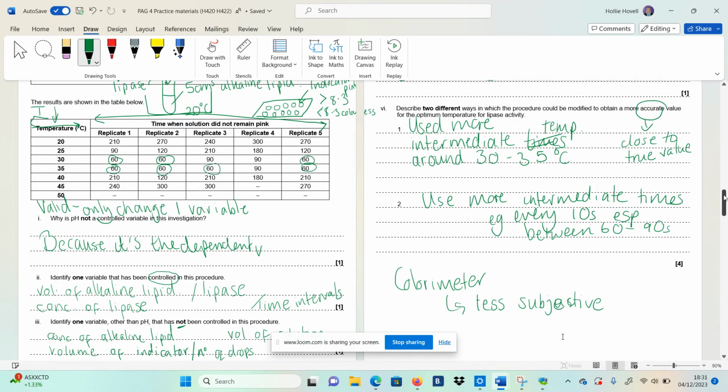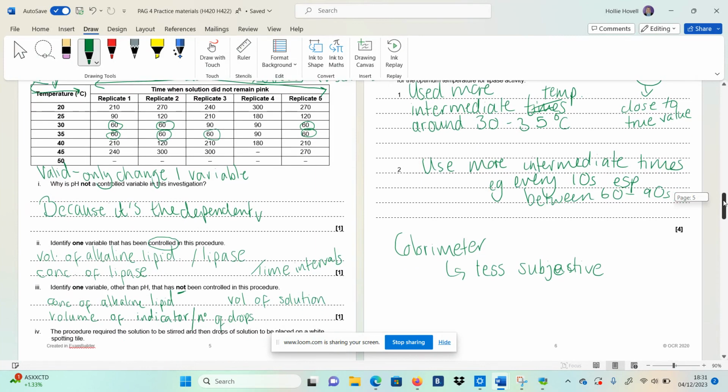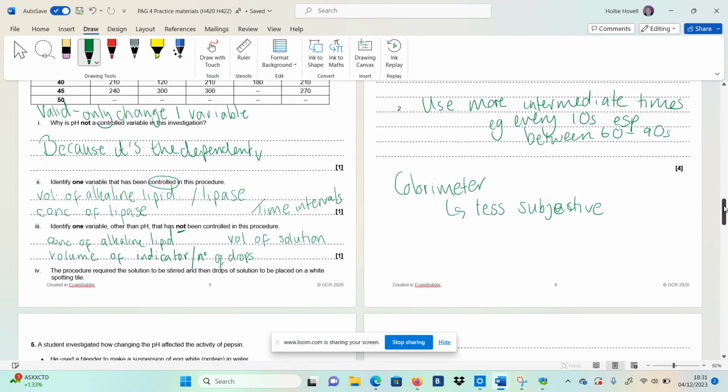Using the colorimeter is less subjective because you actually get a number for how dark the colour is, or how much light it absorbs or transmits through. The other thing you could use, because you're measuring a change in pH, is a pH meter. A pH meter is usually just a probe, a long, thin thing with a wire coming off of it.